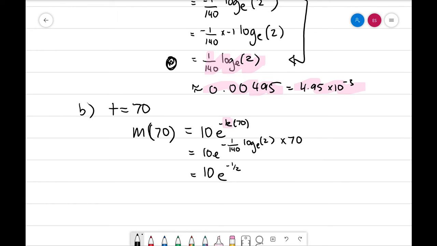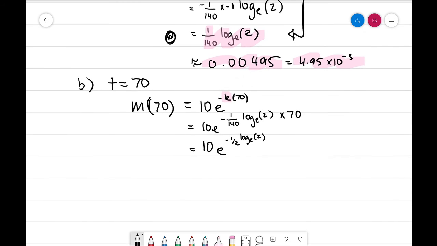So the 70 over 140 will become a half. Great. And what we can do with that is we can chuck it into our calculator now, and we'll get something that's approximately 7.0711. So that'll be its mass after 70 days.